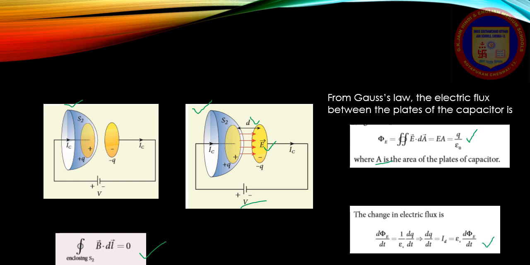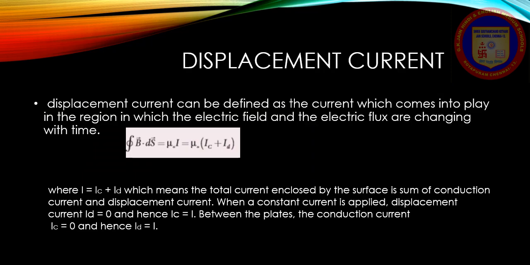The change in electric flux, d phi E by dt, is equal to 1 by epsilon naught into dq by dt. Dq by dt is given as id, so id is equal to epsilon naught into d phi E by dt, where id is known as displacement current.